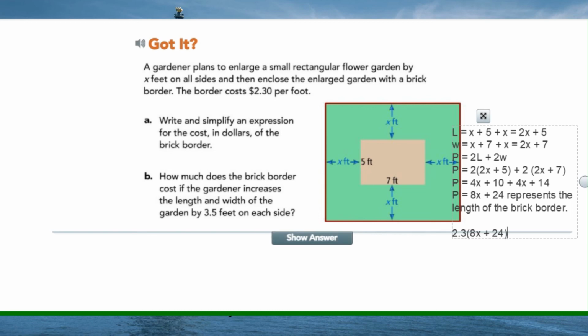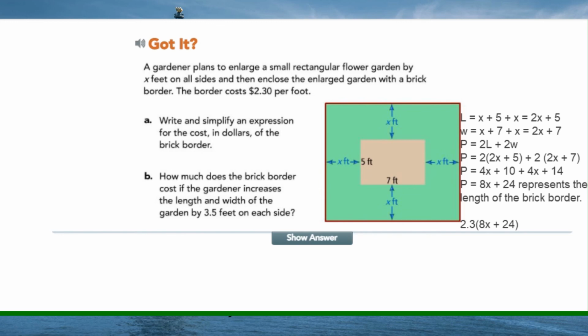So now we distribute that 2 3/10. 2 3/10 times 8x is 18 4/10x, and 2 3/10 times 24 is 55 2/10. So this right here represents the cost of the brick border. So that answers part A.